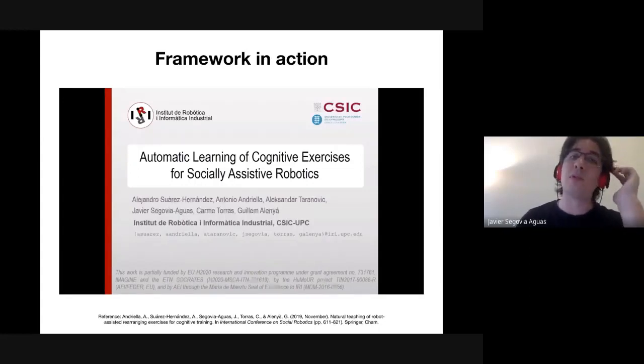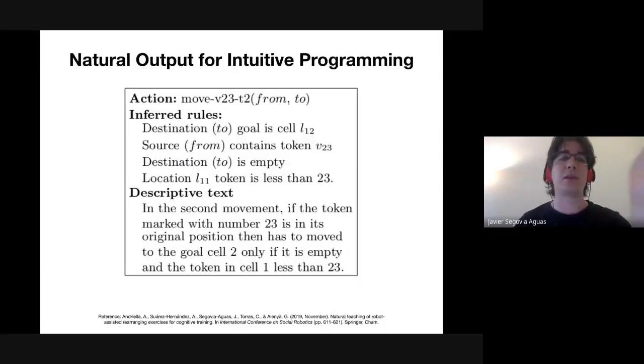And this is the output that we obtain for intuitive programming: once we have the actions in PDDL style, you can translate this to natural language, like the destination goal cell is this certain location. The source from contains this token. The destination is in, and so on. And you can use any kind of descriptive text to show these rules, so that people that are not experts in interacting with a robot or a board can show how to learn these new actions.